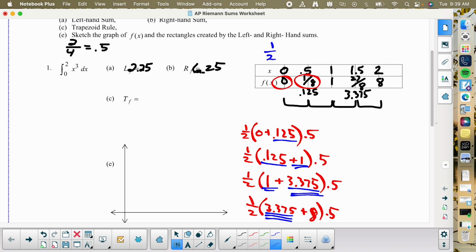is you still do the trapezoid formula, but instead of doing base 1 plus base 2, you do the first number, double the second number, double the third number; you double every number except for the first and last. And then this will let you do it in one step rather than 4 separate steps.